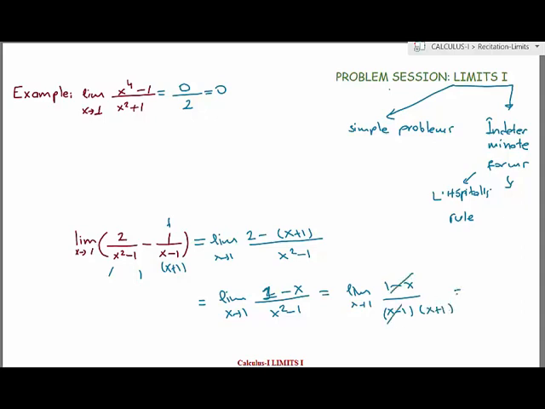If you cancel this term, you have minus 1 over x plus 1. Plug the number 1 in the expression. You have minus 1 over 1 plus 1, which is minus 1 over 2. As you see, it's not so difficult to solve the problem.